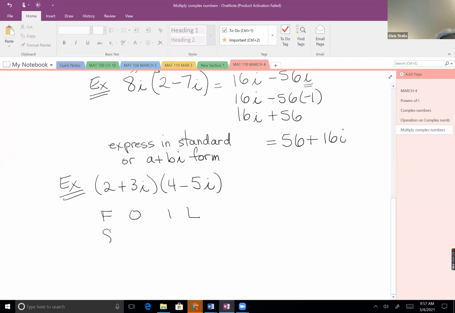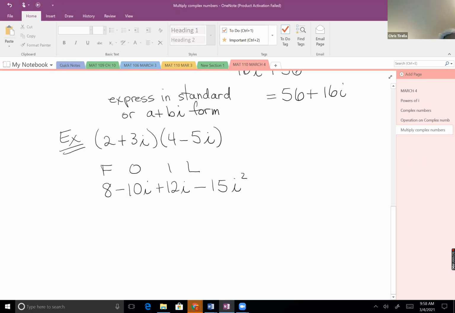First, 2 times 4 is 8. Outer, 2 times negative 5i would be negative 10i. Inner, 3i times 4 would be 12i. Last, 3i times negative 5i would be negative 15i squared. Simplifying this, that'll give me 8.